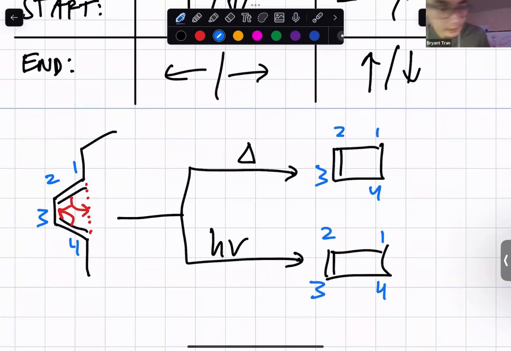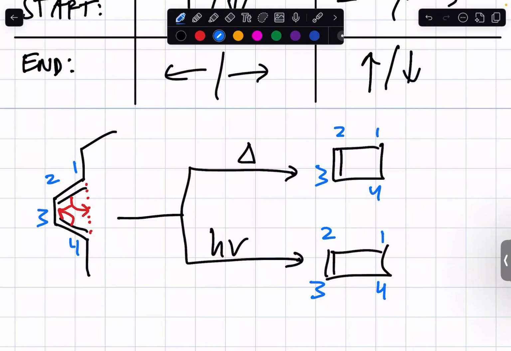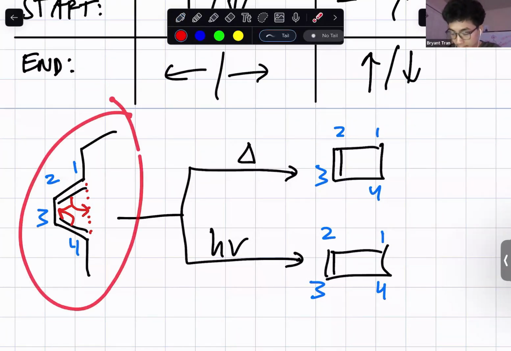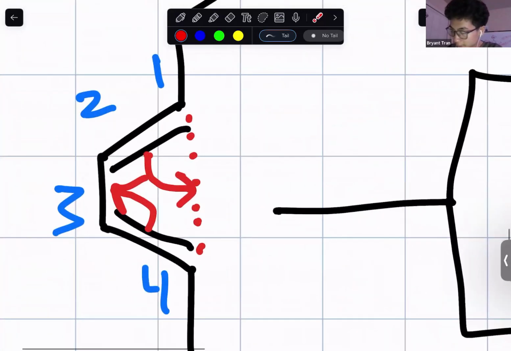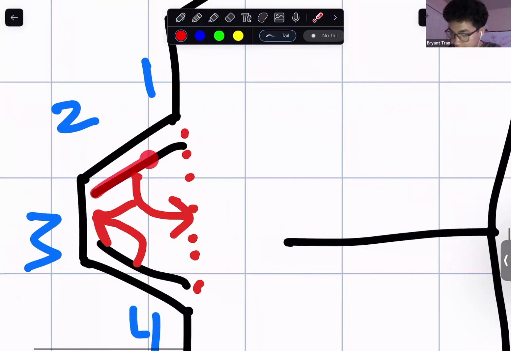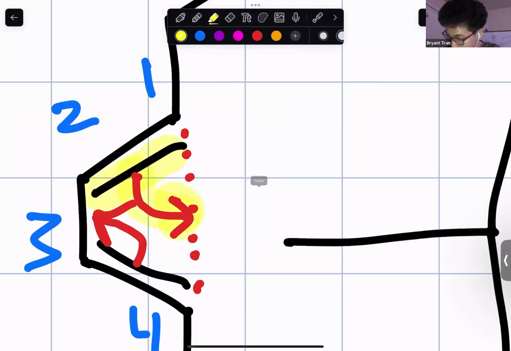Does that make sense so far, Layla, on how I got to those base products? Could you explain one more time how you got to that? Yeah, so we see that there are no wedges or dashes on the reactant molecule, so we know we're doing ring closing. I got here by moving the double bond between 1 and 2, based on this arrow, to make a single bond between 1 and 4.